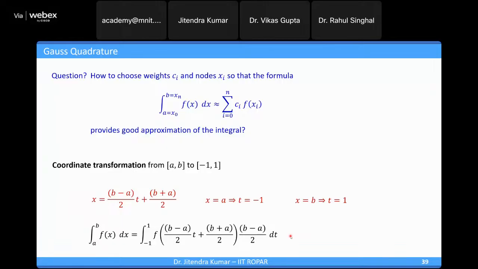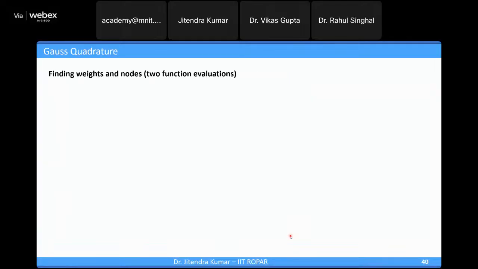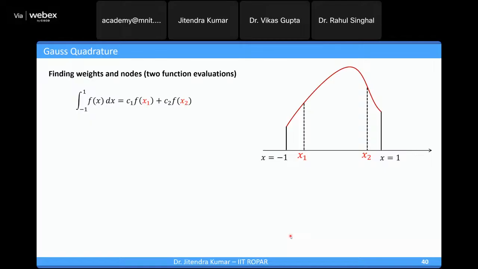Now we will discuss for this Gauss quadrature how to deal with any integral which is given in -1 to 1. So how to find the nodes? This is the whole idea now. We want to integrate f(x) dx from -1 to 1. We want to find x1 and x2, and c1 and c2. What are the best x1, x2 to be chosen?